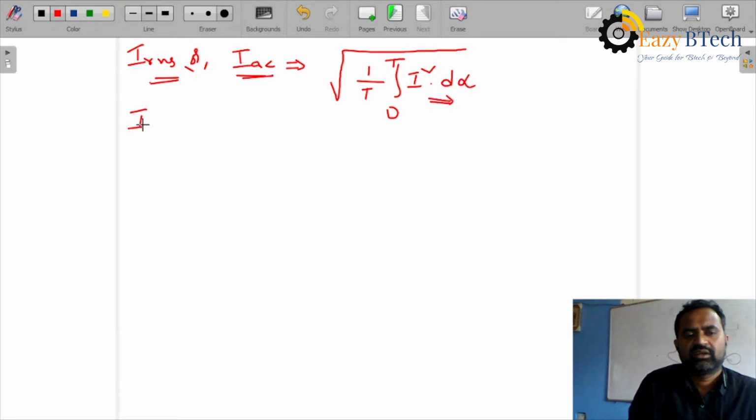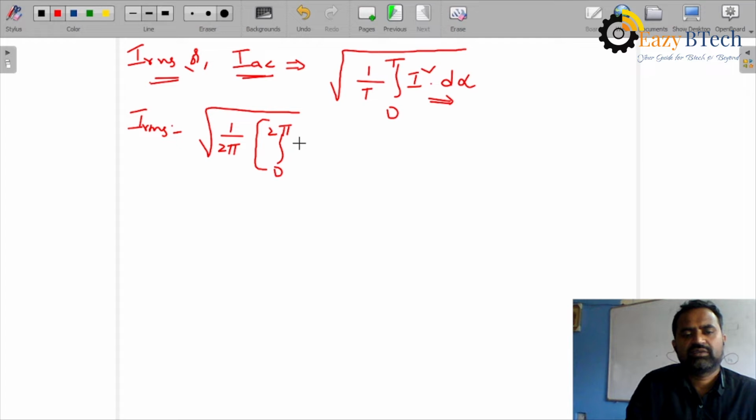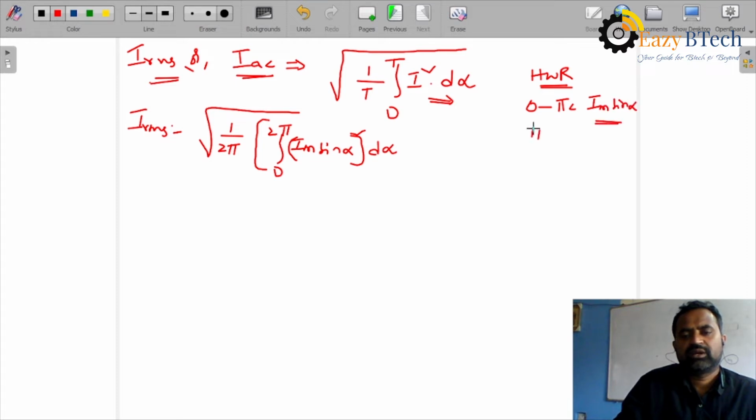We write IRMS is equal to under root 1 by 2 pi integral 0 to 2 pi of i square, where i we already know is Im sin alpha, whole square, into d alpha. For a half-wave rectifier, from 0 to pi the current is Im sin alpha, and for pi to 2 pi the current is 0.